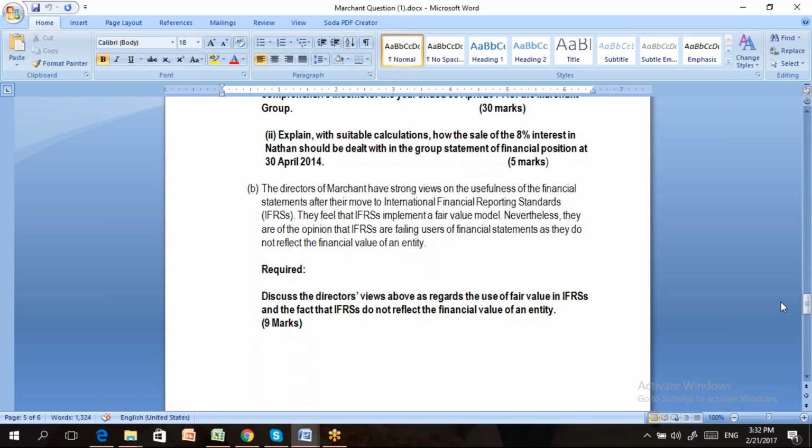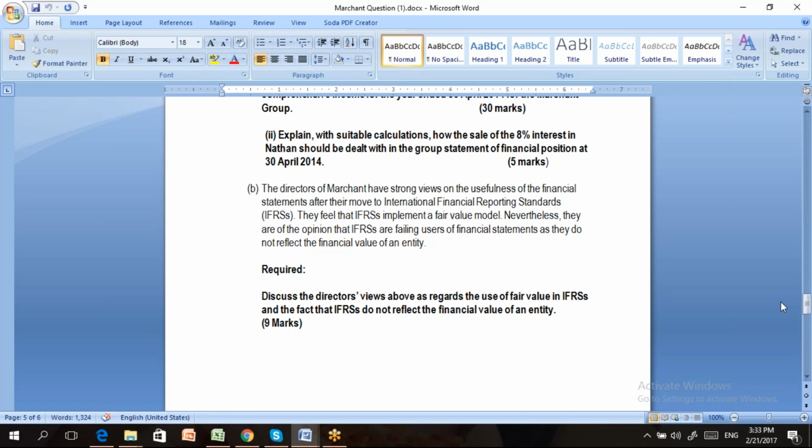Now I want you to know the condition. If there's an active market and if you can have a reliable valuation. So IAS 38 permits intangible assets to be shown at fair value, provided it has an active market and it has a way of measuring the fair value.